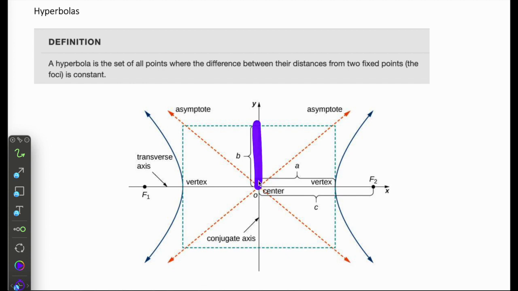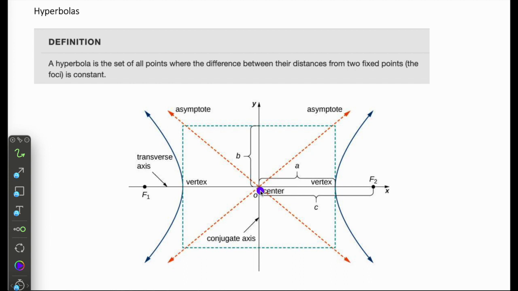rise, which is b, over run, which is a. If it's flipped the other way, where the major axis is running vertically, then it's going to be plus or minus a over b, because it's going to flip-flop. And then, of course, the asymptote passes through the center, so that will give you a point and the slope so that you can find the equations of the asymptotes.